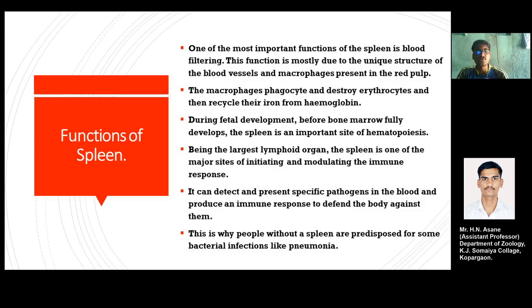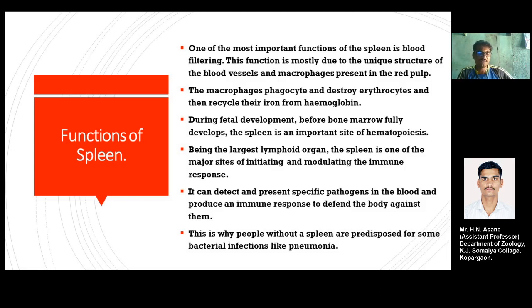And this is why some people lacking the spleen, or who have had the spleen removed, okay, in these medical conditions are predisposed to some bacterial infections like pneumonia. They will not get the proper immune responses in these cases, so people without the spleen suffer infections like pneumonia.